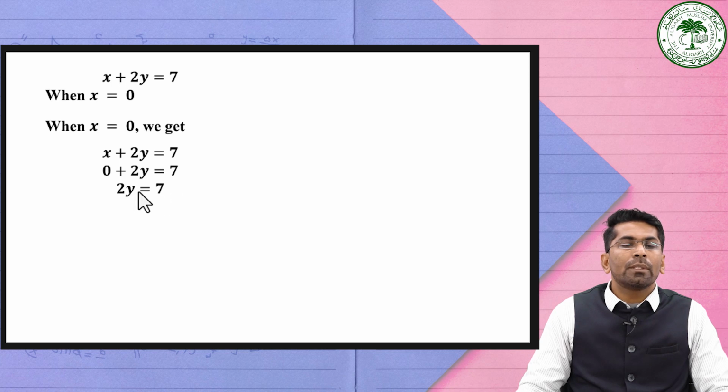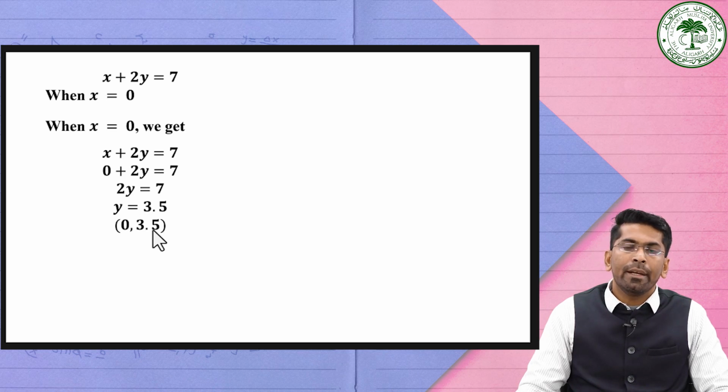Now we can solve for y. 2y is equal to 7, and dividing both sides by 2, y is equal to 7 divided by 2, which is equal to 3.5. So when x is equal to 0, then y is equal to 3.5. This is one of the coordinates.